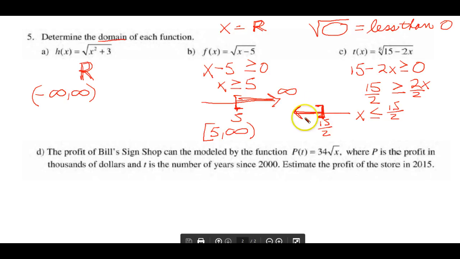So how do we put that in interval notation? It's coming from negative infinity, and again right from the graph, and this is 15 halves, or 7.5, and then here we use a bracket.